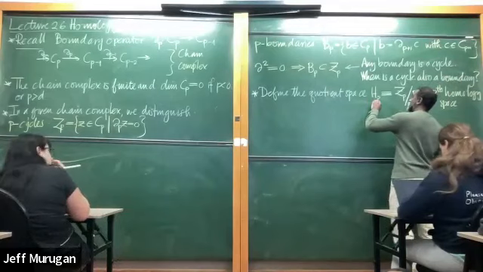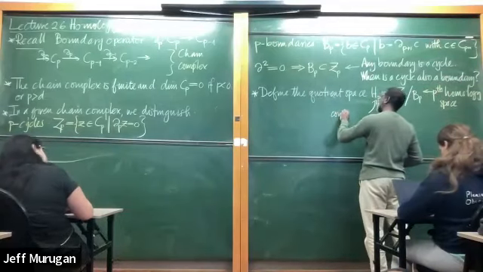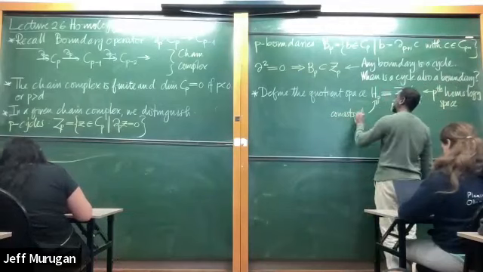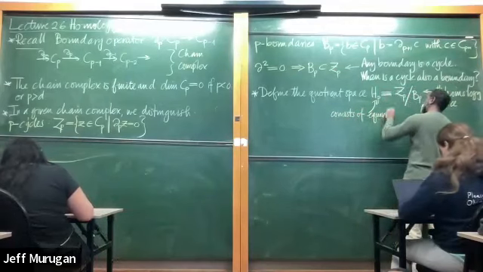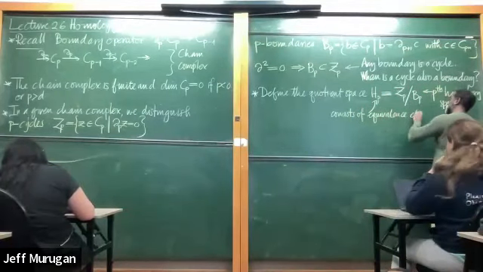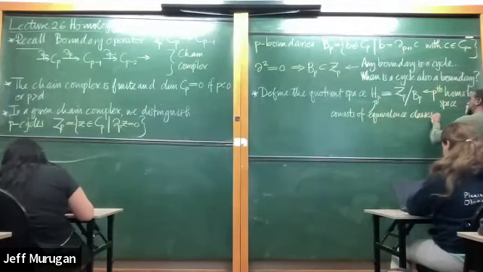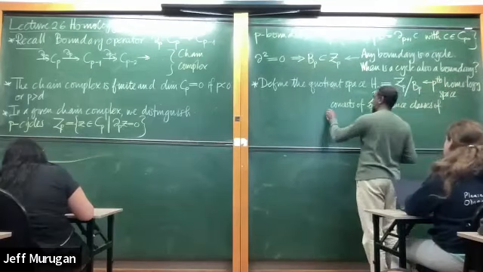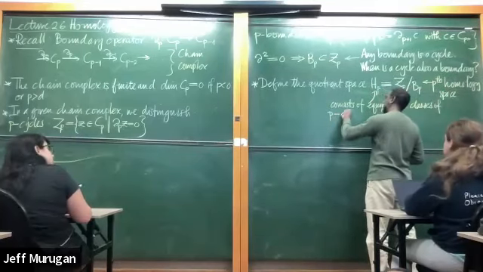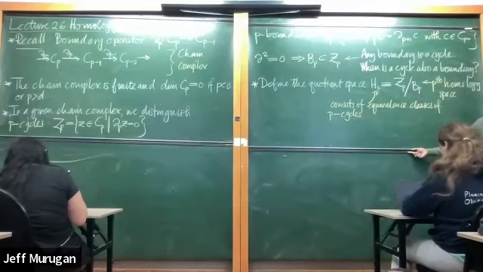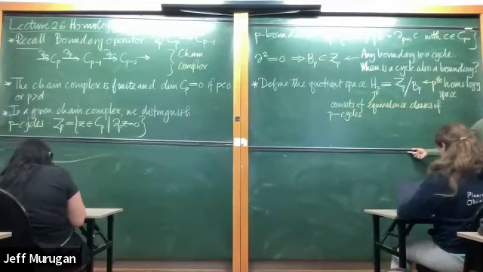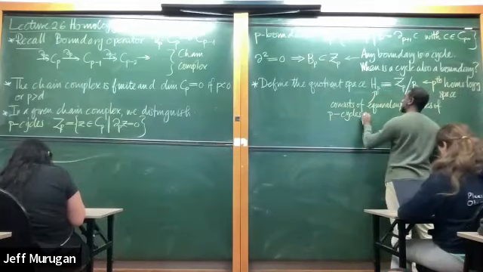So this consists of equivalence classes of p-cycles, where I will call two p-cycles equivalent, or homologous, if they differ by a boundary.